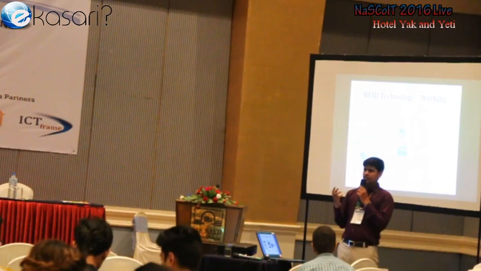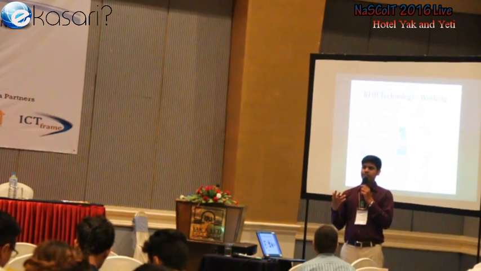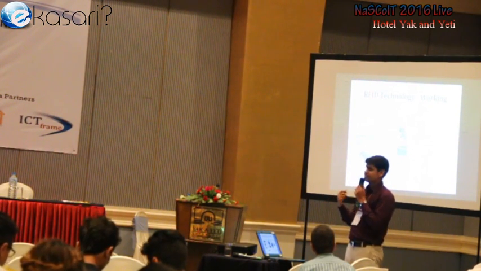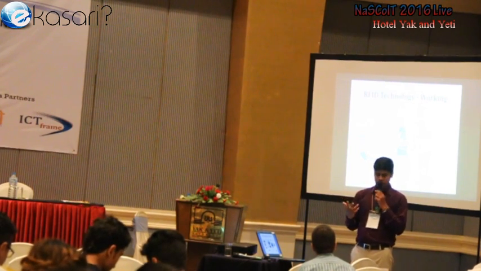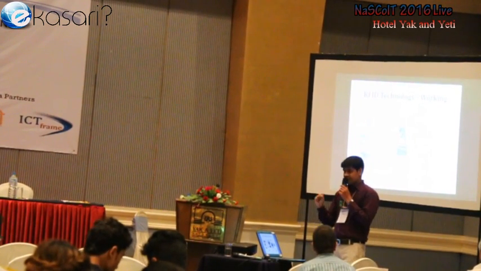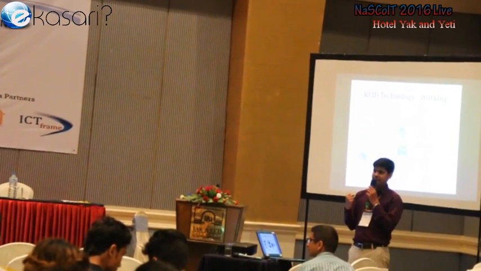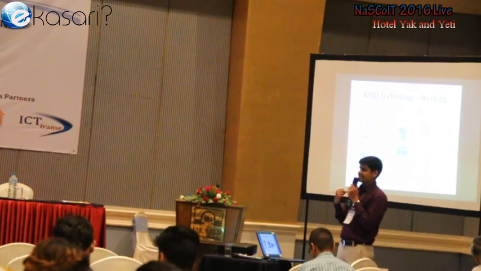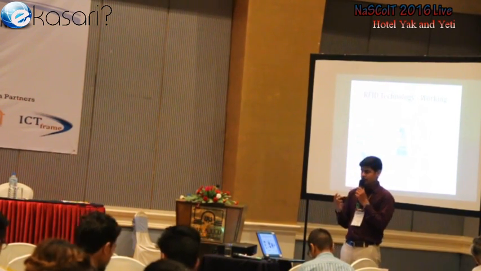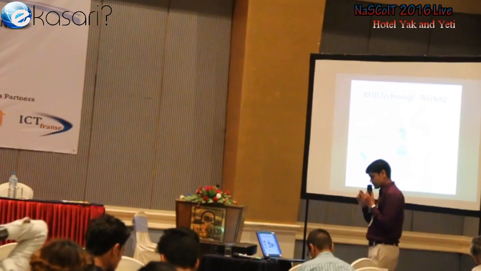We are working on the low frequency RFID reader, high frequency, as well as UHF band and microwave band also. When the RFID reader generates the frequency, the tag sends that particular frequency back and reflects its identity to the reader. Now the reader includes a particular unique code and then it's sent to the application server.